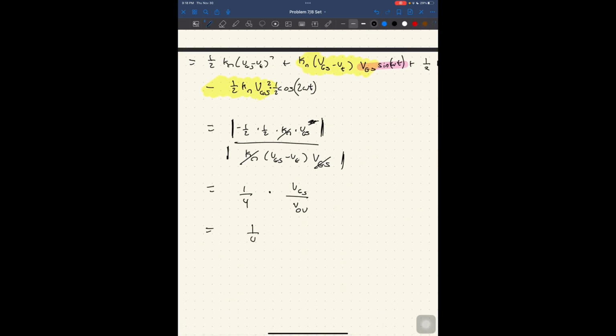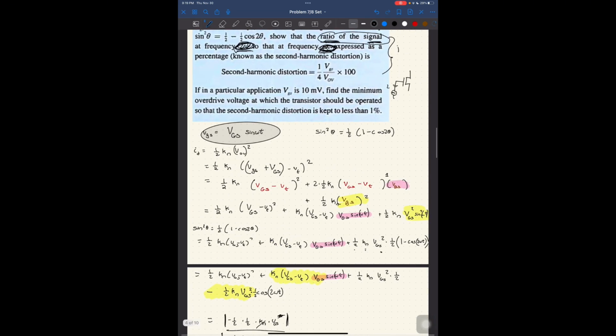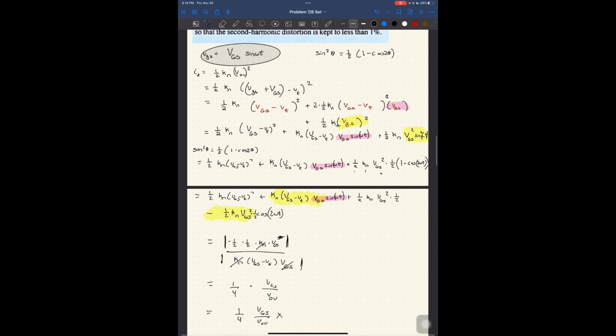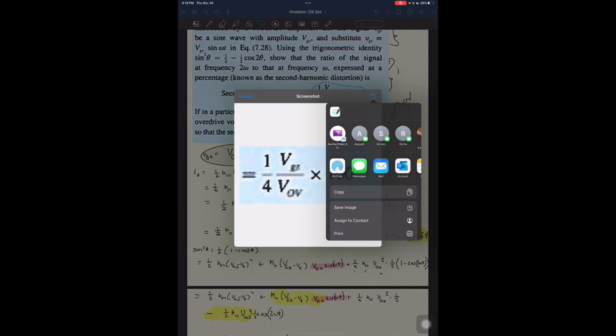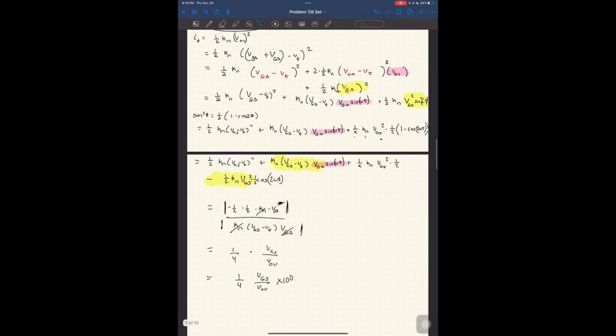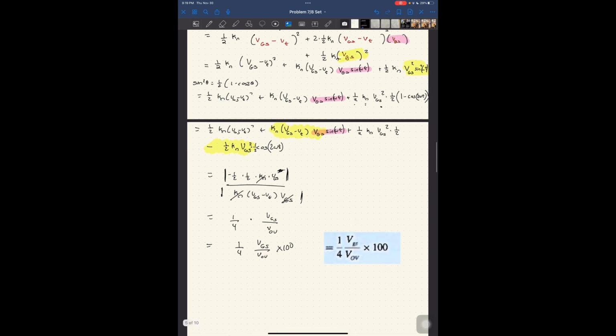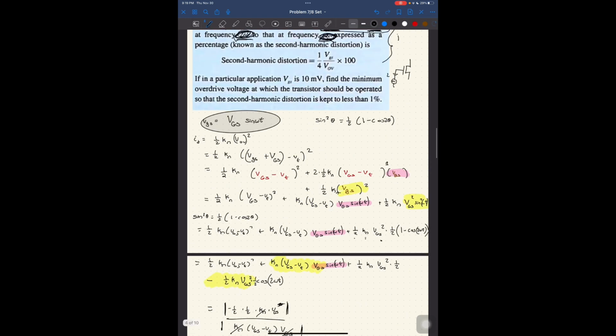So I end up with 1/4 VGS over VOV. And that's exactly what they wanted me to find. Notice that the question was asking me to demonstrate this, and it's the exact same thing, because that's how it is expressed as a percentage. So we're done, are we?